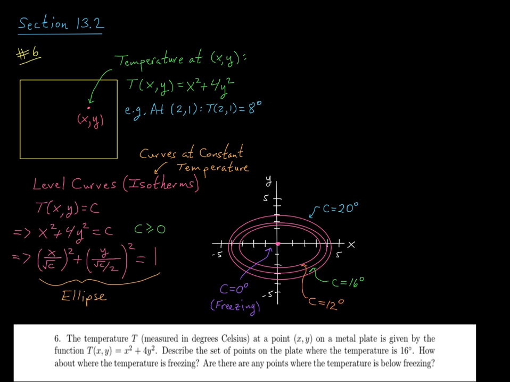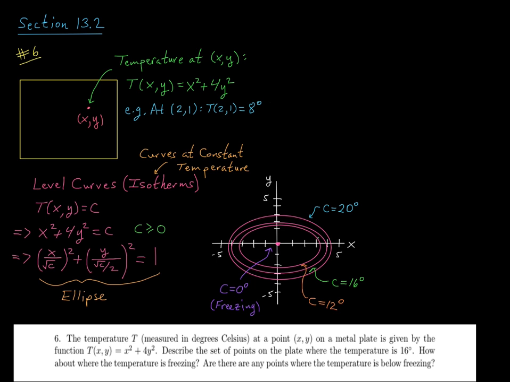All right, so now these are the graphs of some various level curves, these isotherms. Like this outermost ellipse, this would be the collection of all points on our metal plate at a temperature of 20 degrees Celsius. And then moving in, I get all points that are at 16 degrees Celsius, and then all points that are 12 degrees Celsius.